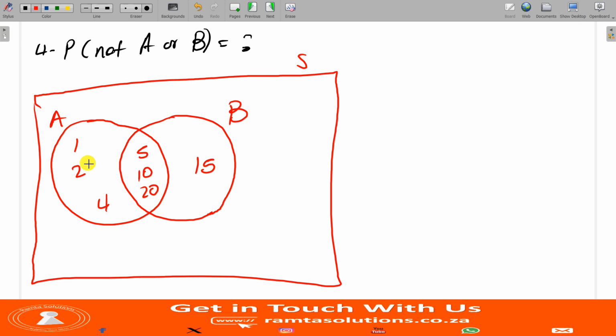You are not done. There are other elements that are not here, which are outcomes 3, 6, 7, 8, 9, 11, 12, 13, 14, 16, 17, 18, 19. Okay? It's all these guys.